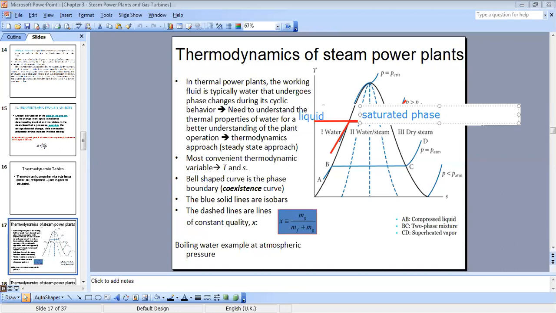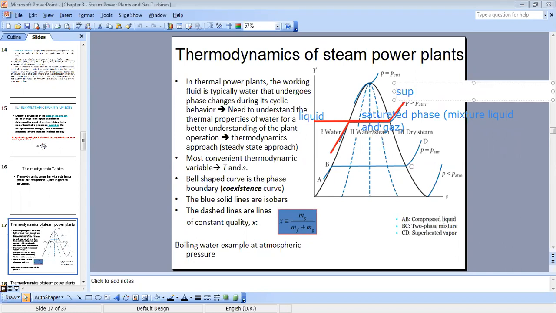And in this case, you have a mixture of liquid and gas. So in this zone you have a mixture of liquid and gas, and at the end here in this zone you have vapor, and we call this zone the superheated zone.